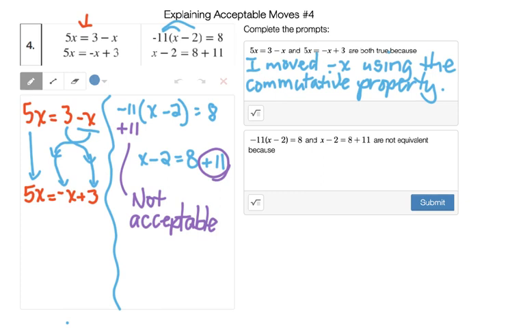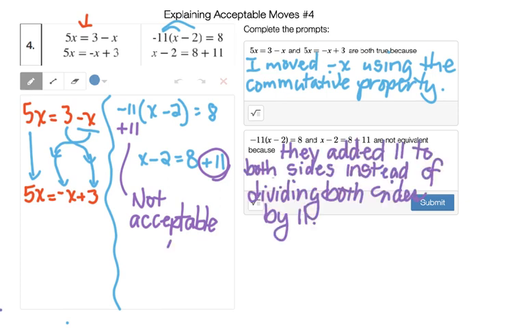What they should have done is divided both sides by 11. So let's just say it's not equivalent because they added 11 to both sides instead of dividing by 11. So you can see that I wrote they added 11 to both sides instead of dividing both sides by 11.